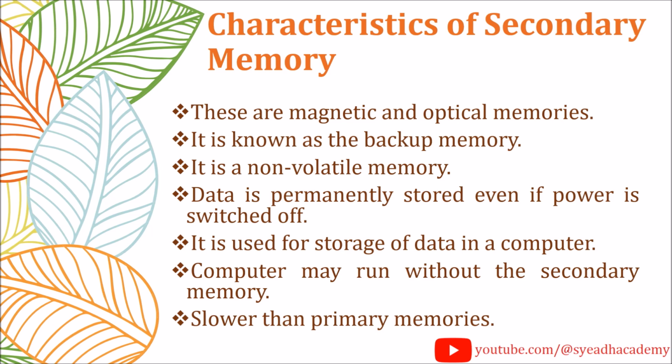In secondary memory, data is permanently stored even if power is switched off. 5. Secondary memory is used for storage of data in a computer. 6. A computer may run without the secondary memory. 7. Secondary memory is slower than primary memories.